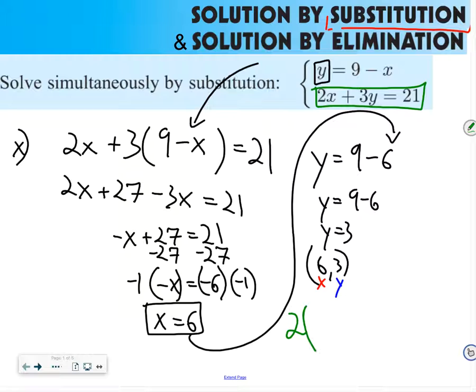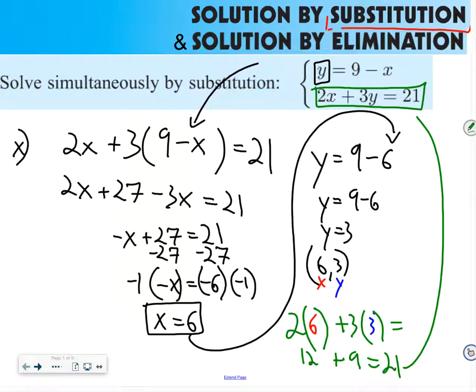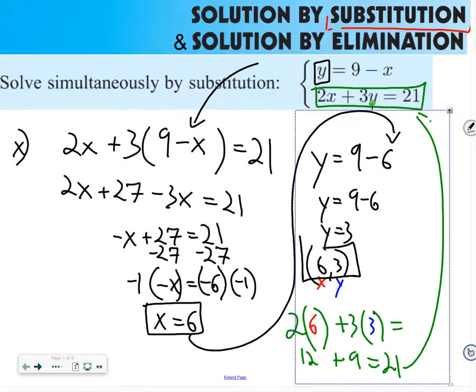So 2, my x is 6, and I get plus 3, my y is 3, and this is equal to, well, let's see. 2 times 6 is 12. 3 plus 3 is 9. 12 plus 9 is equal to 21, which is what this system says it should be. So I've verified that the coordinates 6, 3 is a solution to that equation.